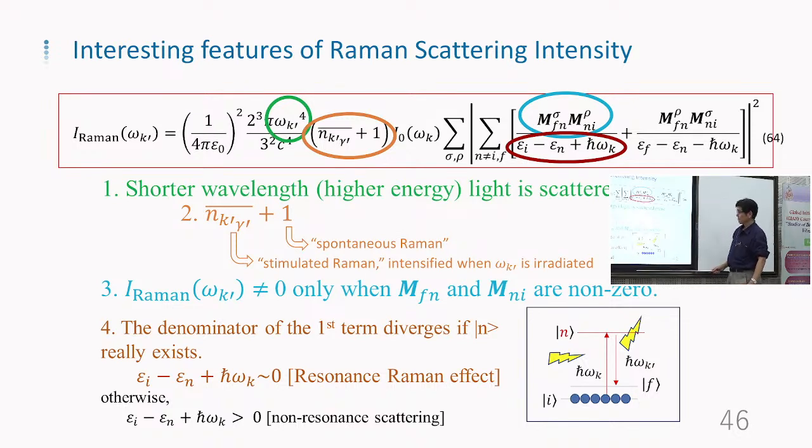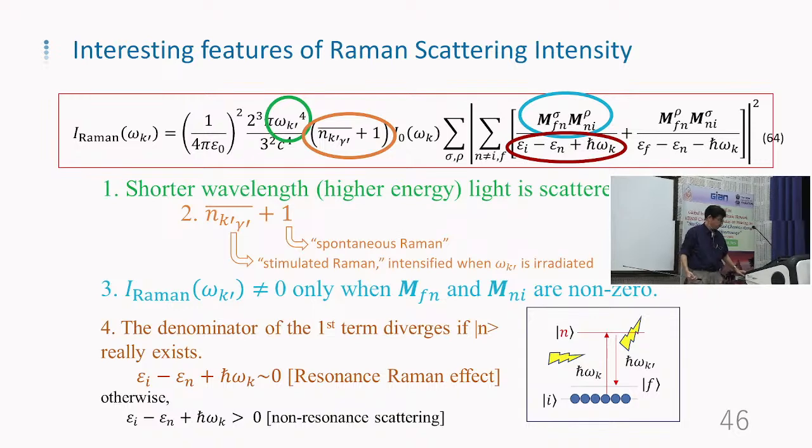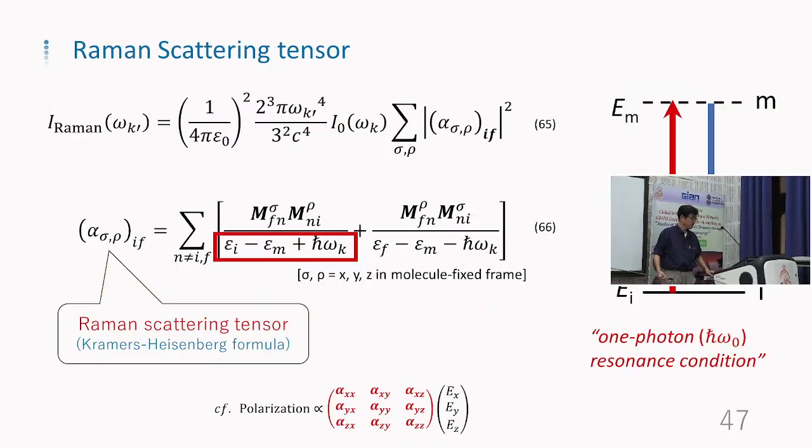Then this term is non-zero. In this case, it corresponds to non-resonance Raman scattering. Okay, so this equation tells us some interesting and important features of the Raman scattering process.